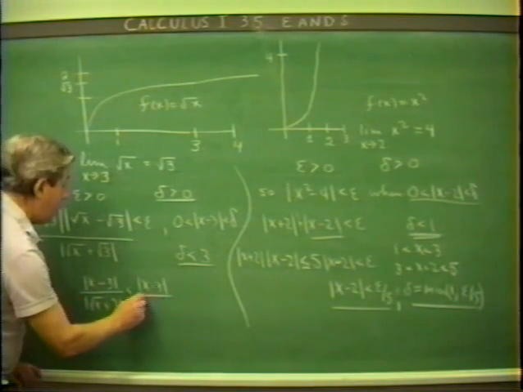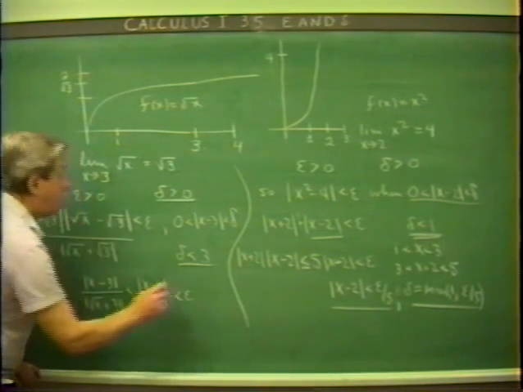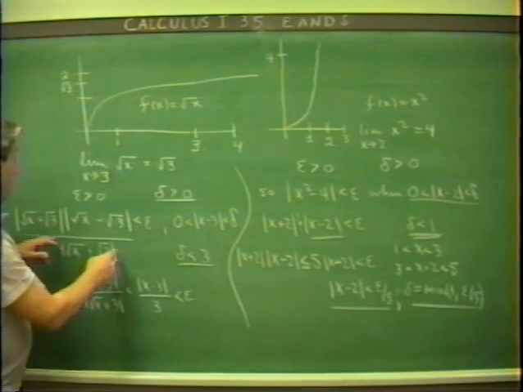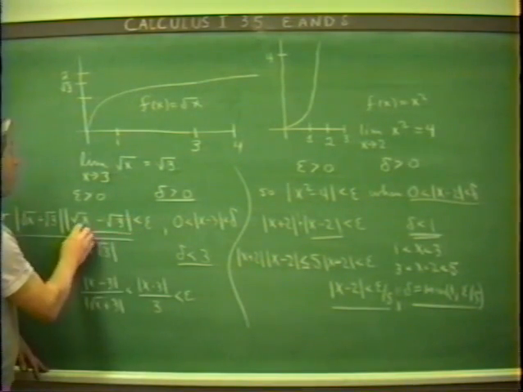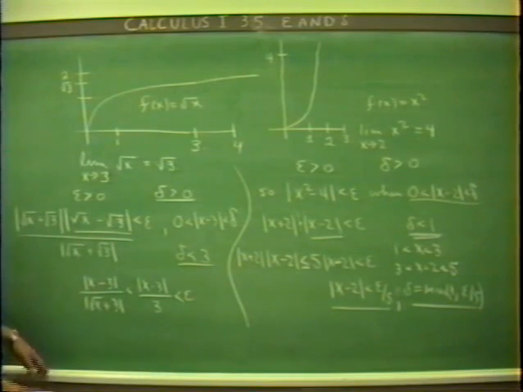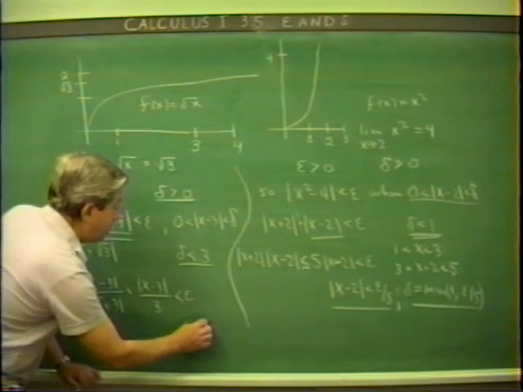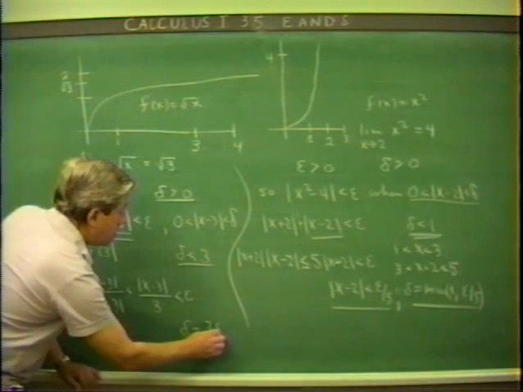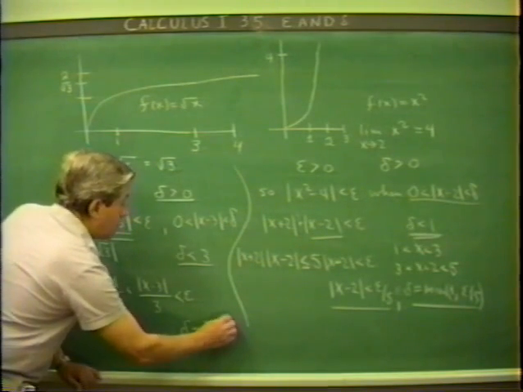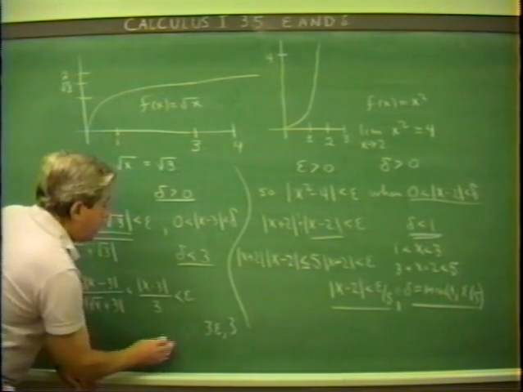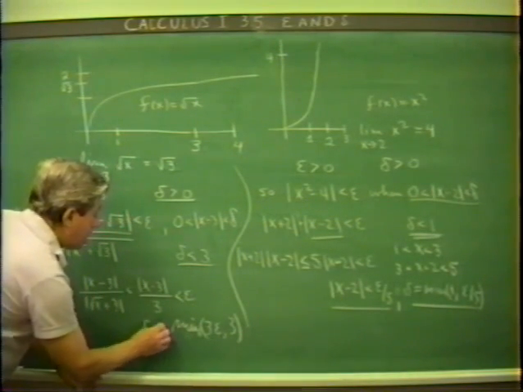I want to have some sort of statement like this. If the limit as x approaches a of g of x is m, and m is greater than 0, then g of x is larger than half of absolute m. Here m is not equal to 0. g of x will be larger than this value when 0 is less than absolute x minus a, less than delta, then absolute g of x is larger than absolute m over 2.